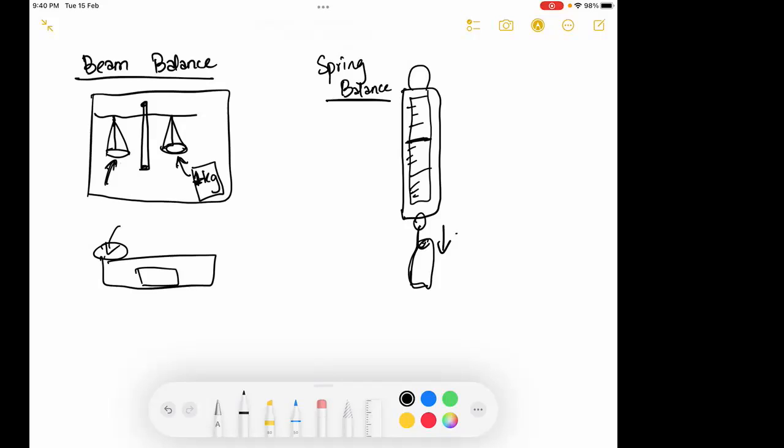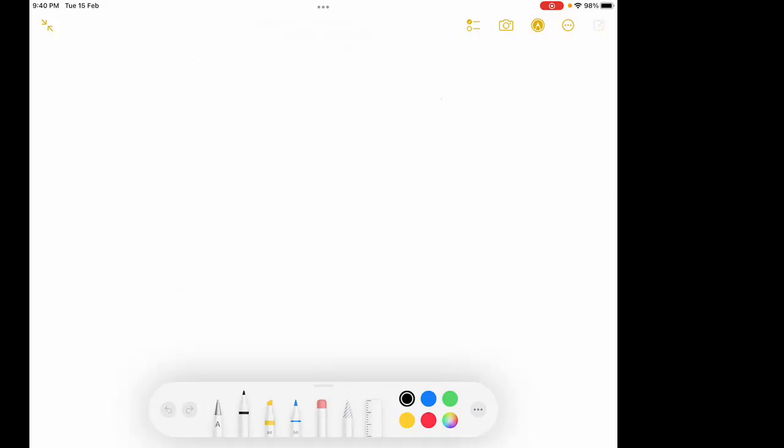This one thing: describe how to use a measuring cylinder to measure the volume of a liquid or solid. I know the liquid, but for solid, I'm a little bit confused. Okay, so a measuring cylinder is just like a cylinder, and it is used to measure volume.